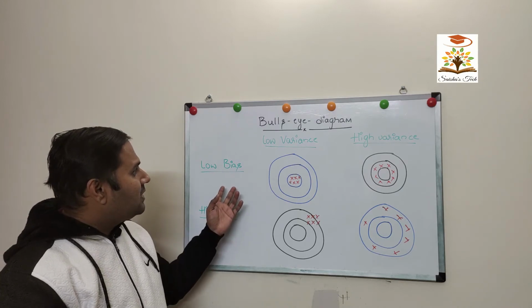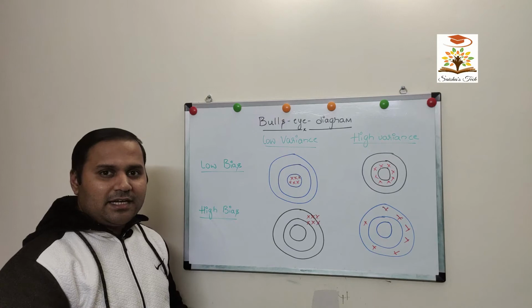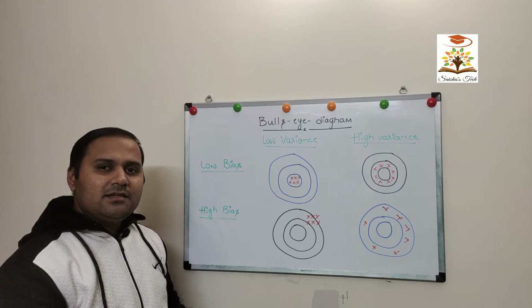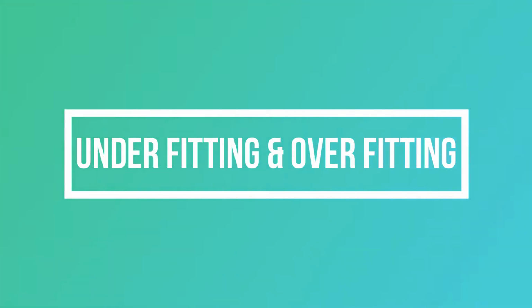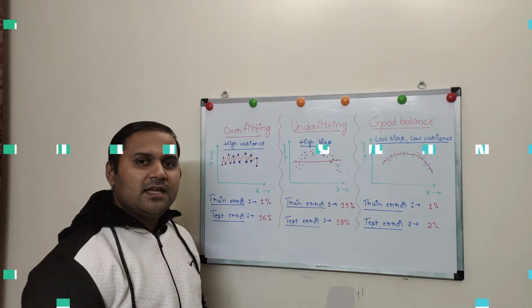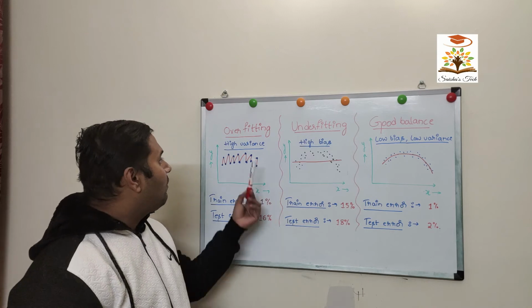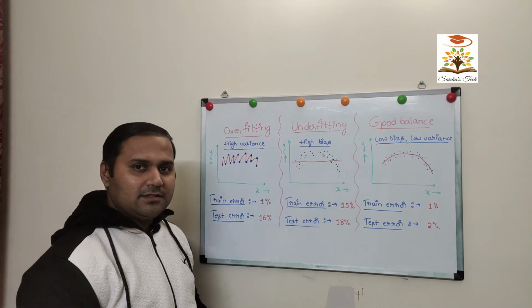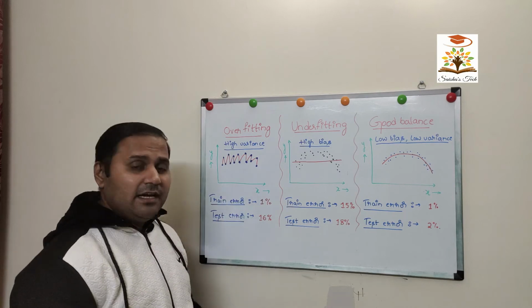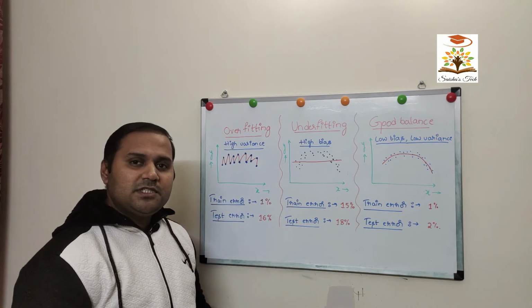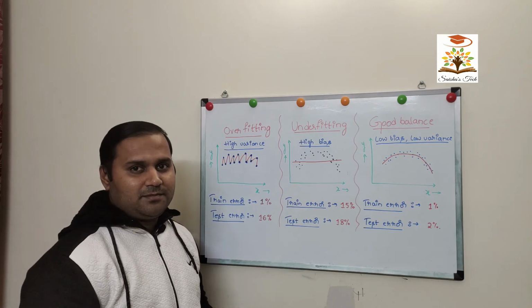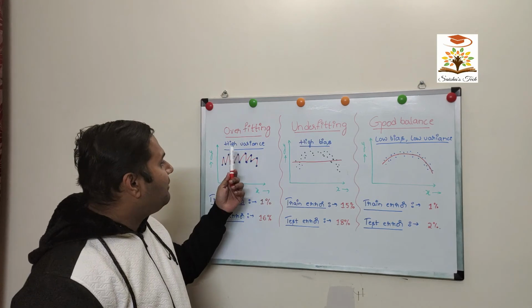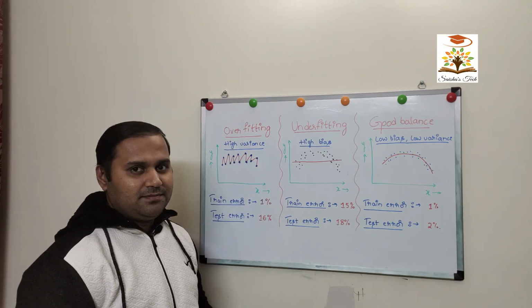As we have understood the bias and variance from the bullseye diagram, now let us understand the overfitting and underfitting concepts of a model. Let us understand three concepts: overfitting, underfitting and good balance. Overfitting is the case where the model is able to capture the patterns from the data along with the noise from the data. Here we have high variance and low bias.